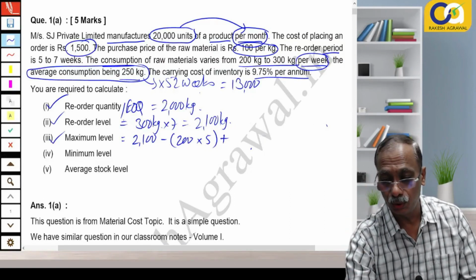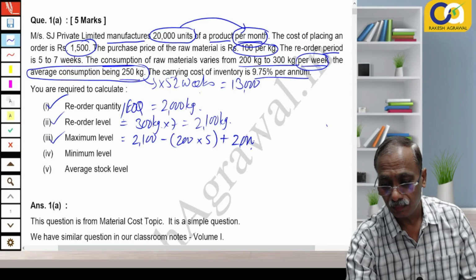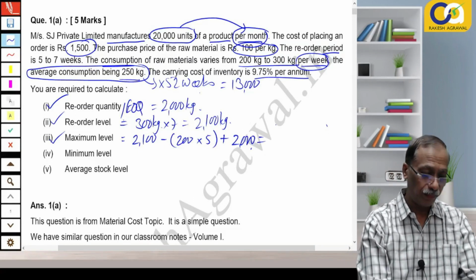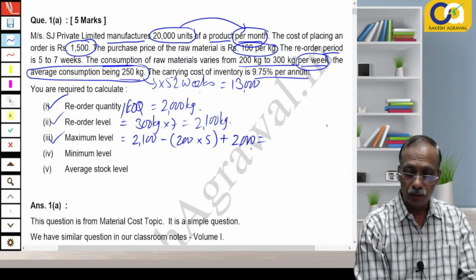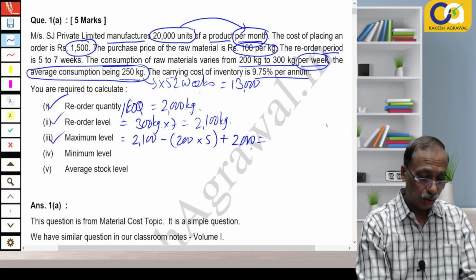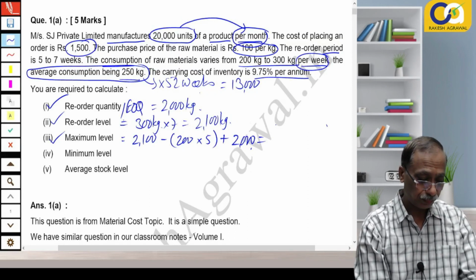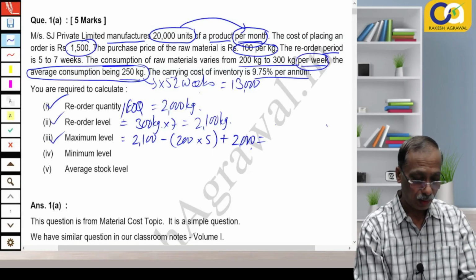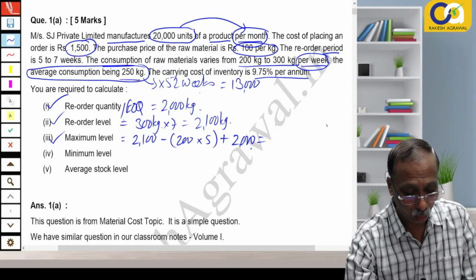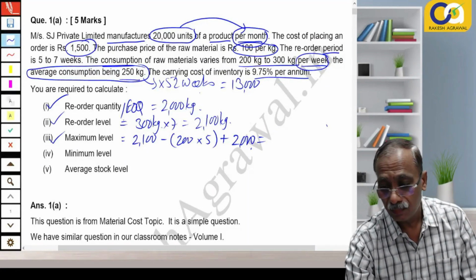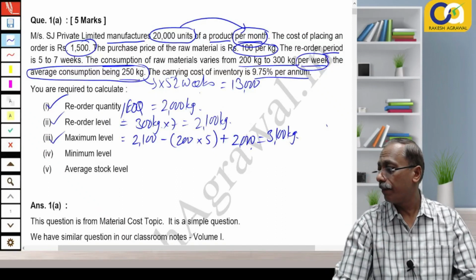Reorder quantity is EOQ, that is 2,000. This is how you will get the maximum level. Do this calculation on the calculator. I think this comes to 3,100. So 3,100 kg is your maximum level, correct?